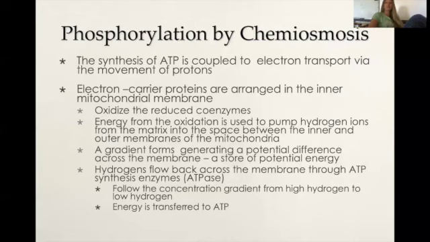We oxidize the reduced coenzymes, and the energy from the oxidation is used to pump hydrogen ions from the matrix space between the inner and outer membranes of the mitochondria, through ATP synthase. The gradient forms, creating a potential difference. That potential difference is a potential energy storage that we release to generate ATP.